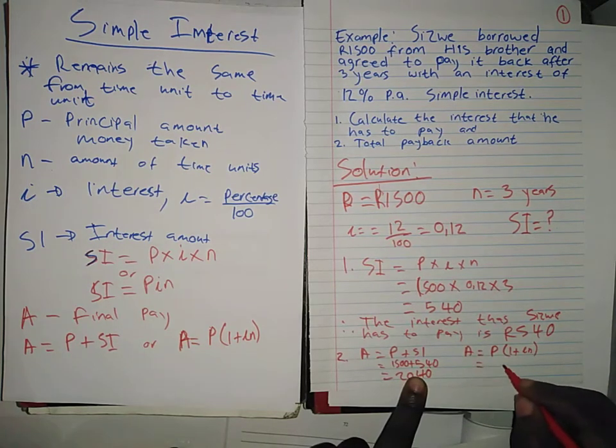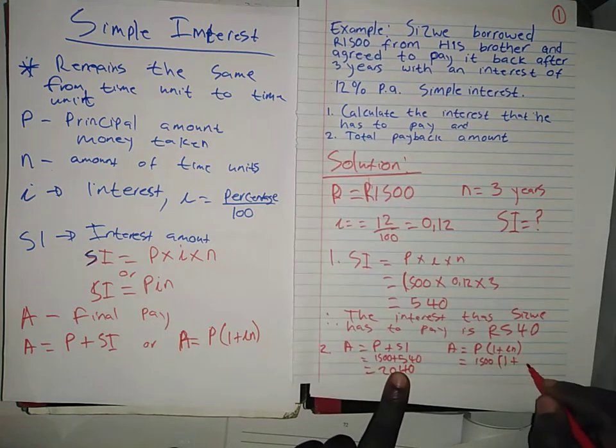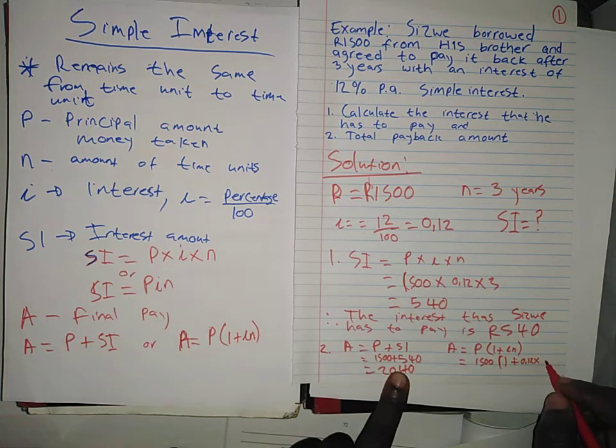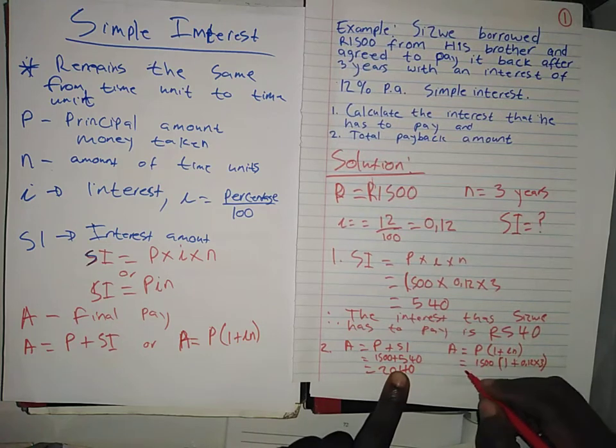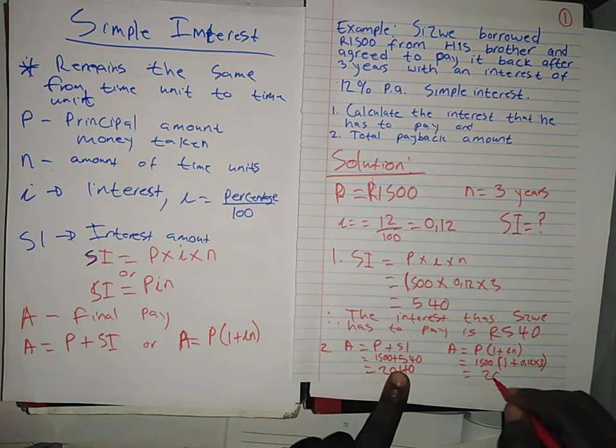Okay, and then what is P? P is 1,500, and then 1 plus, and then I is what? Is 0.12, and then N is what? N is 3. Okay, now put this thing exactly as it is in the calculator, and then you will see that you'll get what?